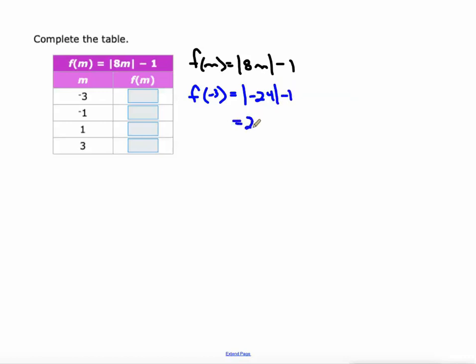The absolute value of negative 24 is 24, and 24 minus 1 is 23. All right, what about f of negative 1? We would do the absolute value of 8 times negative 1, which is negative 8, minus 1. The absolute value of negative 8 is 8, and 8 minus 1 is 7.